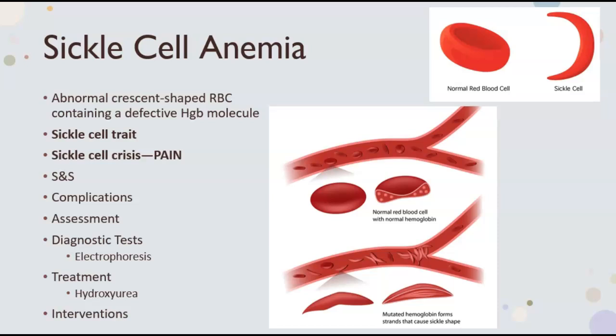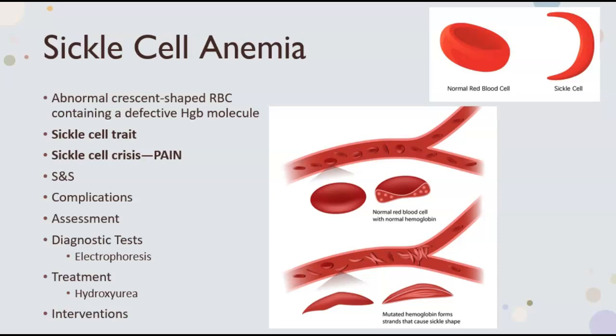Treatment is going to be symptomatic. Hydration, antibiotics for infections, NSAIDs for pain. In severe cases, they may need bone marrow transplant, folic acid supplements, hydroxyurea. This is going to help prevent anemia, and that will in turn help prevent acute episodes of pain.